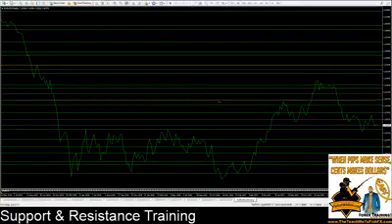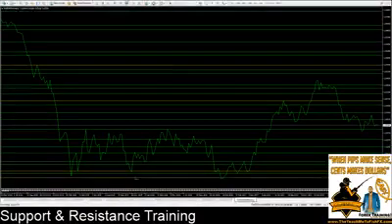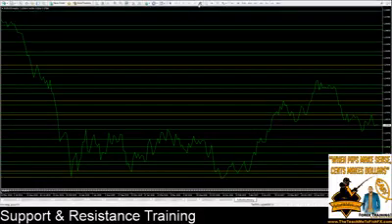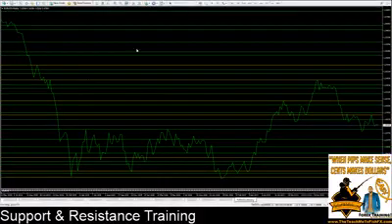Alright, and we're just going to look for those points that we did not get on the monthly, because the weekly creates its own support and resistance as well. That's why we're doing this. It also helps when we drop down to the 1 hour and 4 hour to know which support and resistance line we're using.